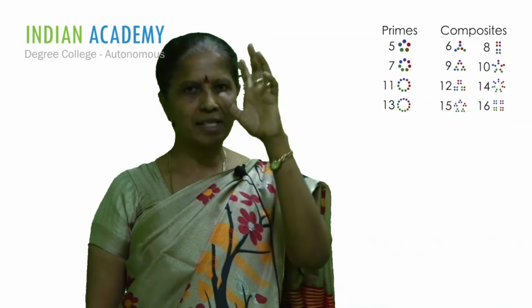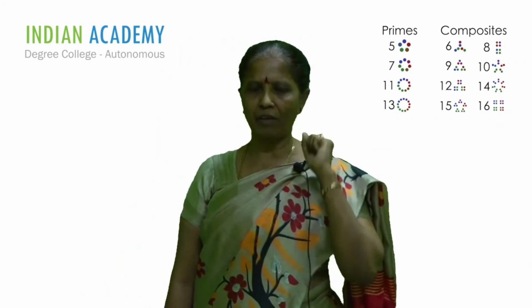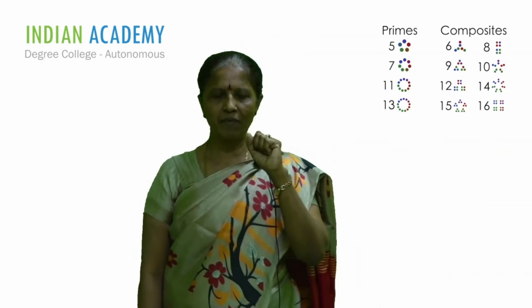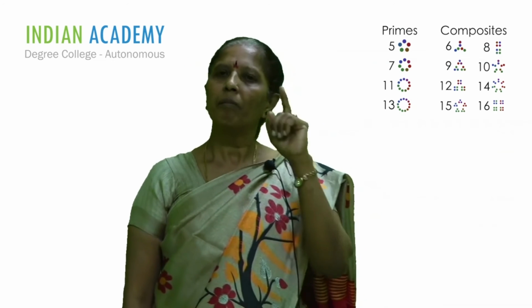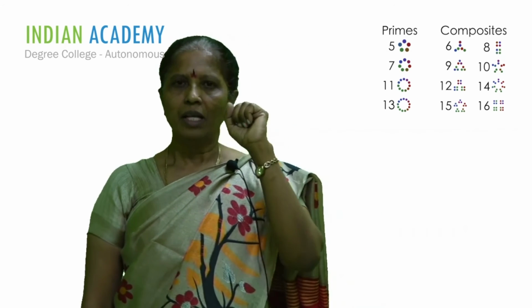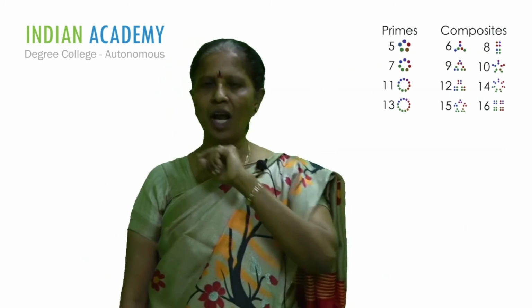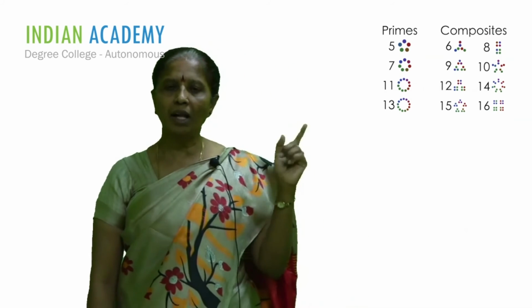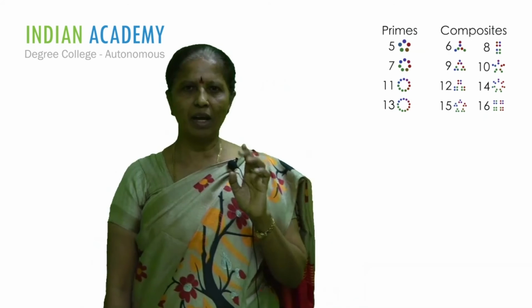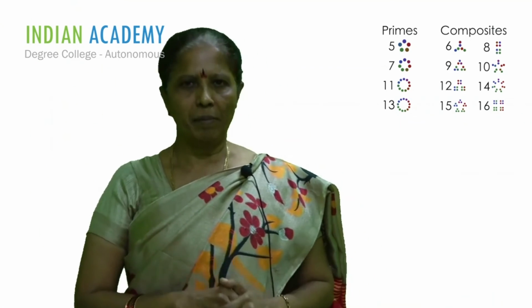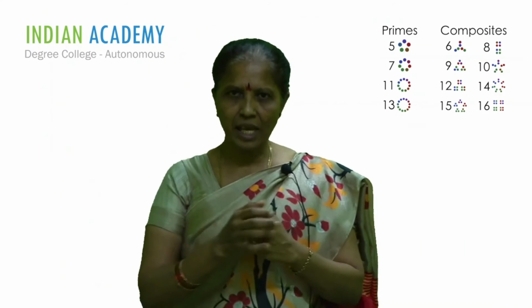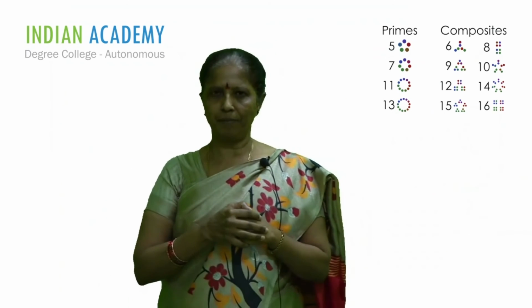So, 3 is a prime number. Consider 5. 5 is not divisible by any other number, so it is a prime number. 7 is also not divisible by any other number other than 1 and 7, and hence is a prime number. Like that you have prime numbers. Clear?